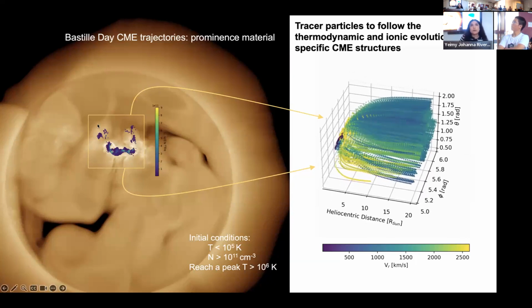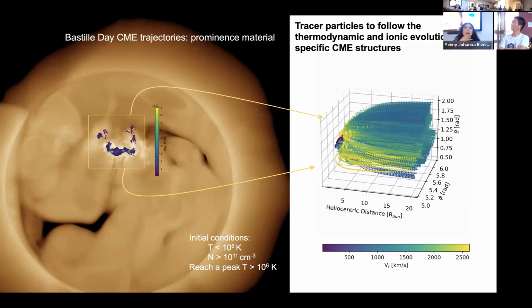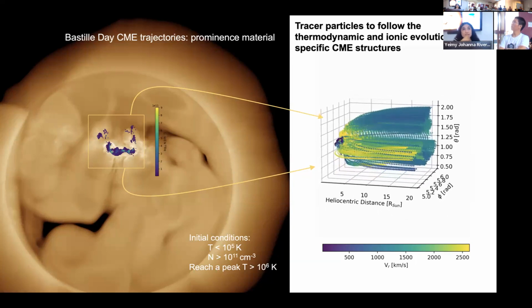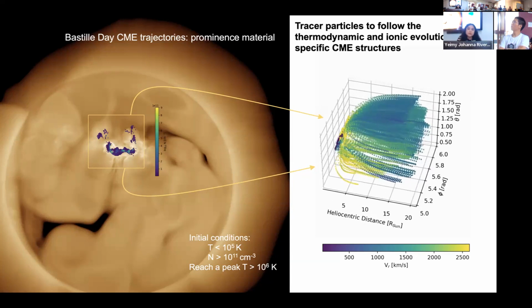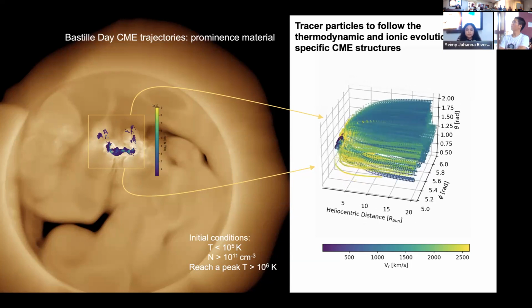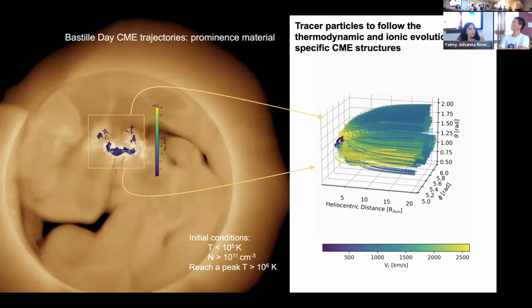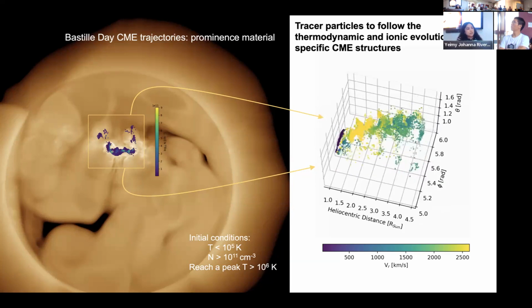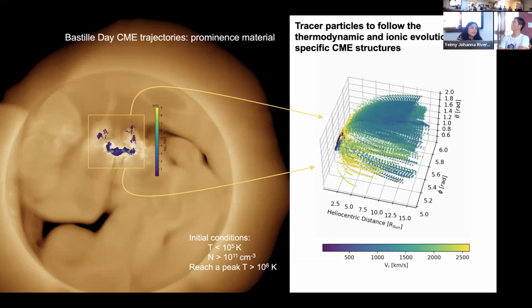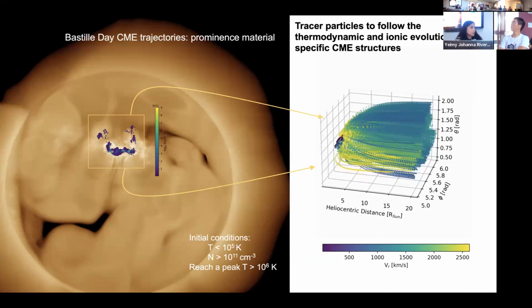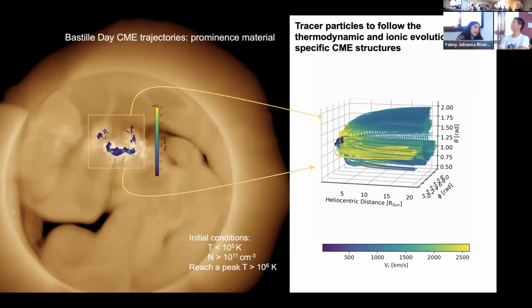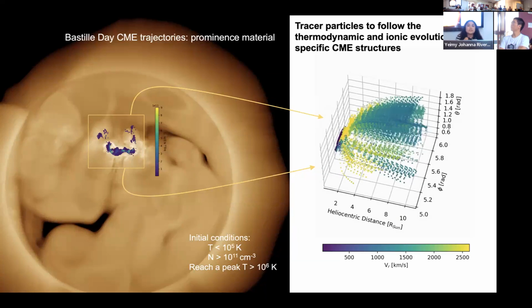And so the Predictive Science group has implemented what are called tracer particles in their simulation that have allowed us to identify the structure we want to follow, and also its thermodynamic evolution and the ionic evolution of that particular structure.